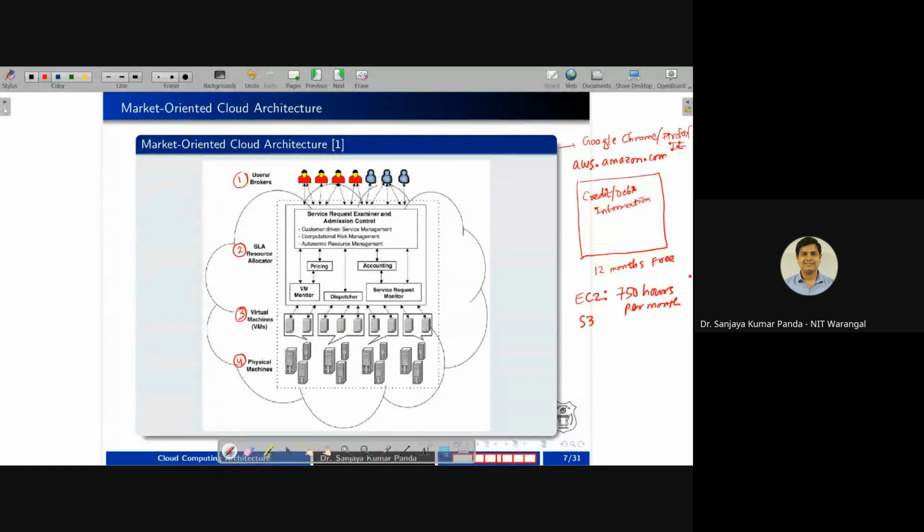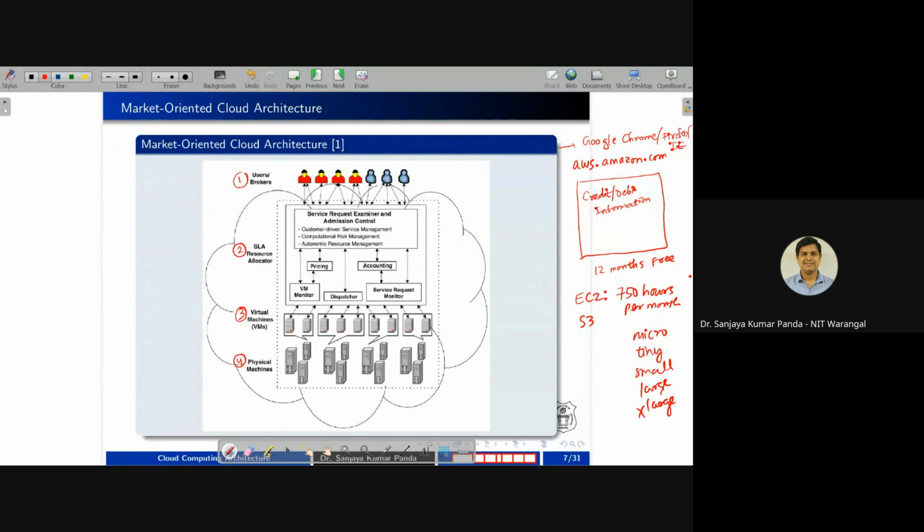But EC2, that is Elastic Compute Cloud, has several instances. Instances means machines, or you can say virtual machines. So there are different types of machines, like micro machines, tiny machines, small machines, large machines, X large machines.